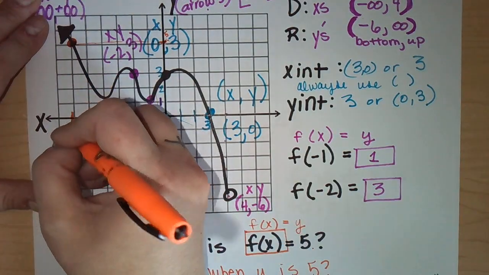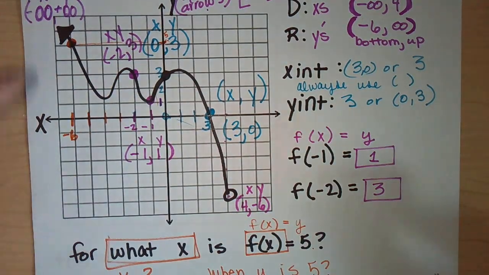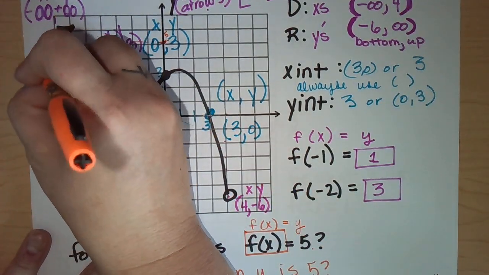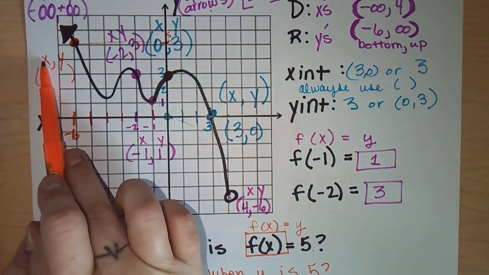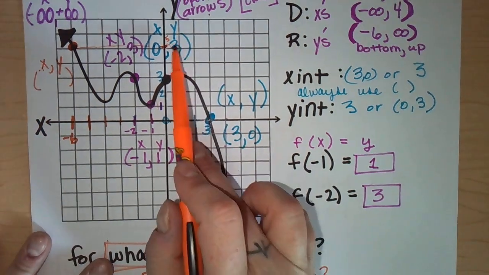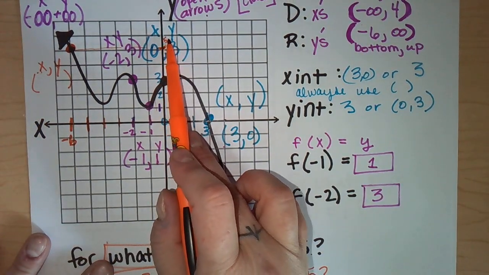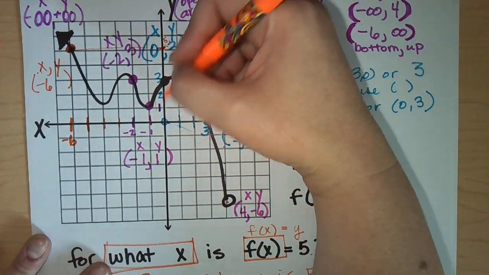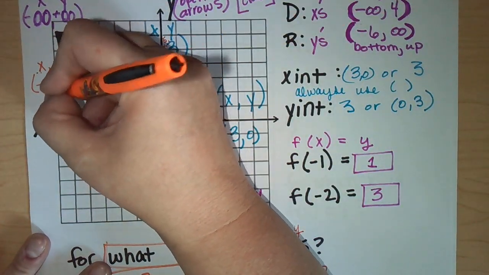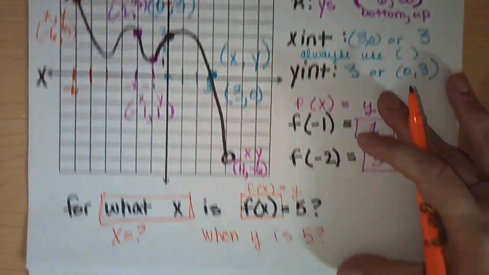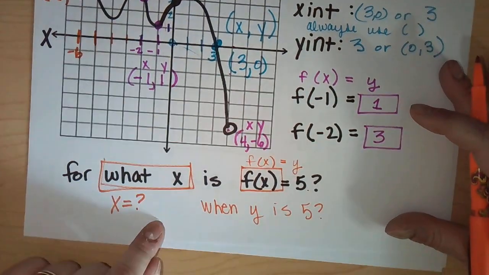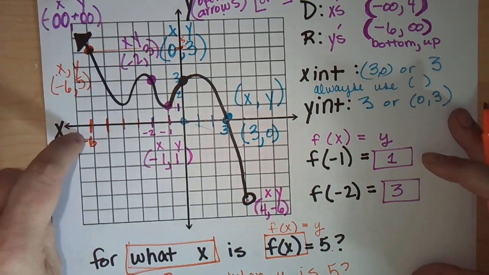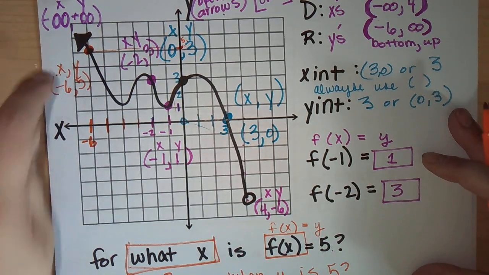Okay, whew, golly, that took me a while. Alright, so this point up here, remember we write it as x comma y. Well, what number is in the x? Not this 5. It's the -6. Because we went 5 high on the y. Okay, so the question was, what's your x value when your y is 5? Well, we just figured it out. When our y is 5, our x is -6.